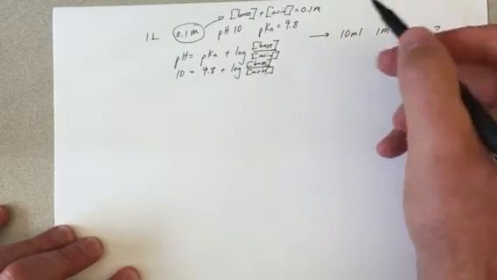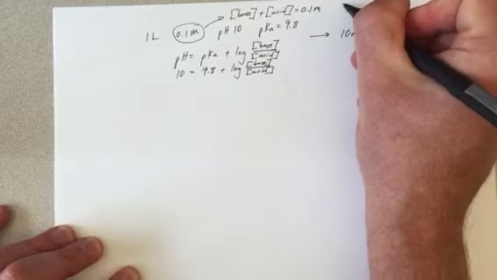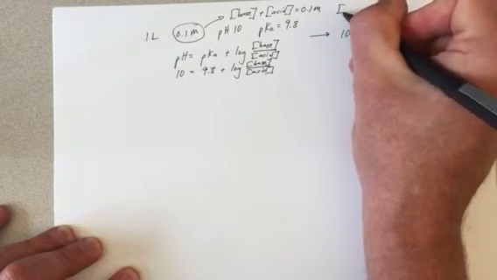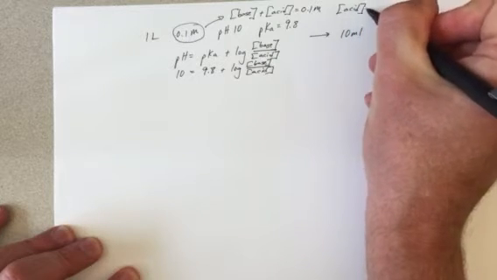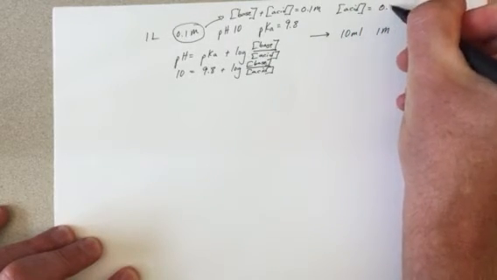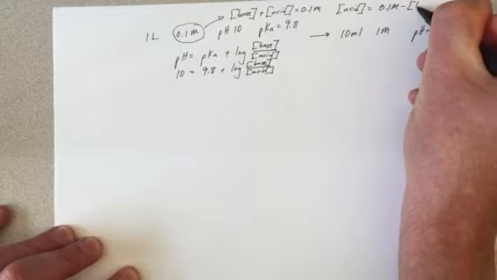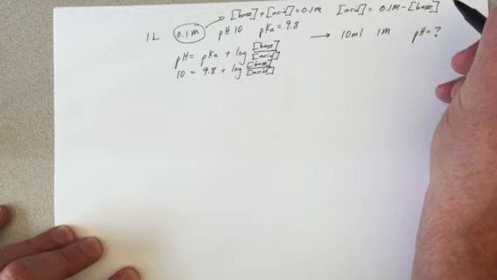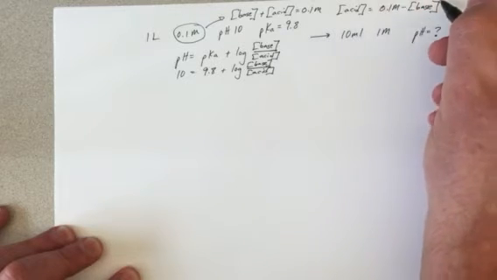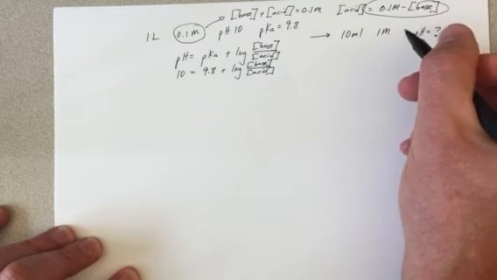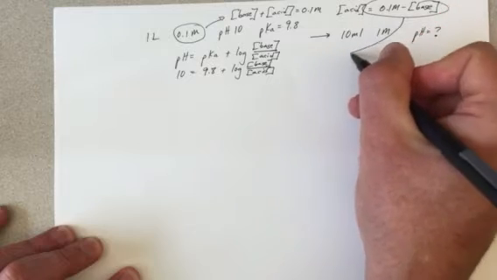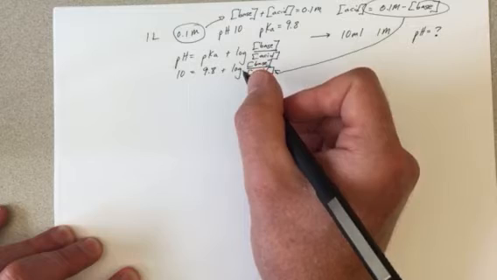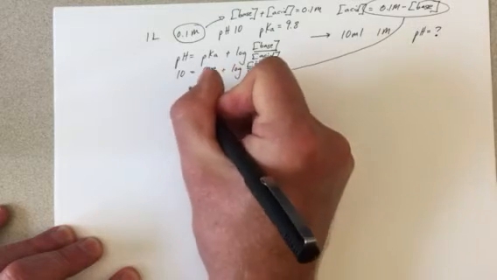So I'm going to solve here for concentration of acid. Concentration of acid equals 0.1 molar minus concentration of base, and I can substitute this in, right? Whenever I see acid, I'm going to substitute in 0.1 molar minus base right here.